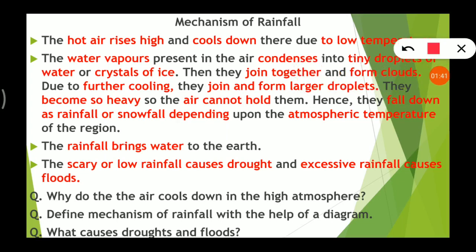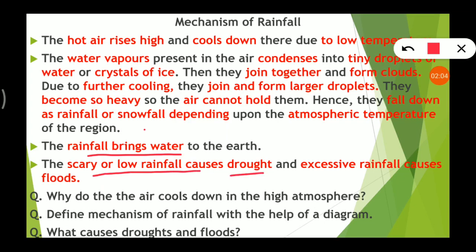Now rainfall is very important, because it brings water to the earth, and water, you know, is very essential for the survival of mankind or all kinds of life on the earth. If the rainfall is very low, then there are droughts.